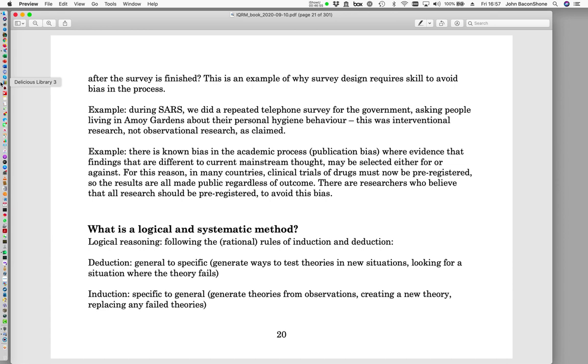And I said, I think this is a real problem because this will be interventional research, not observational research, which is what we told people we were doing. And indeed, I was proven correct that nearly everybody refused to answer the phone survey the third time. They basically said, you're clearly chasing me.